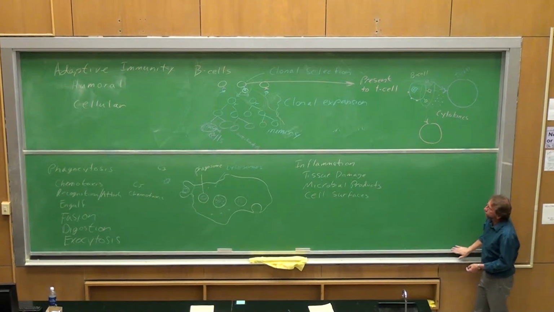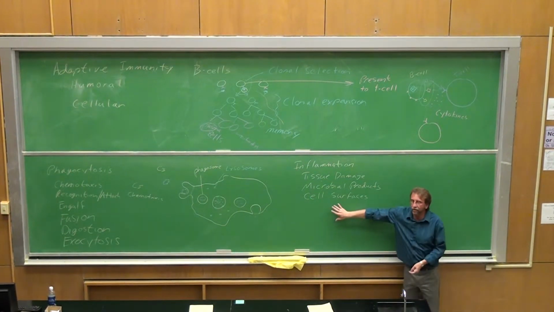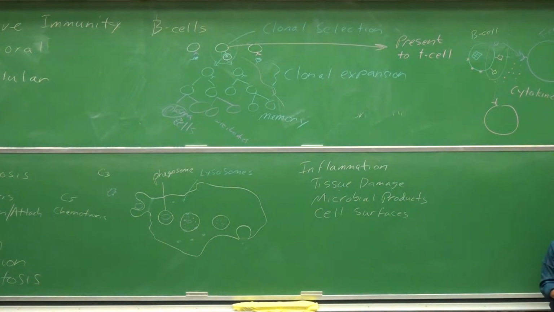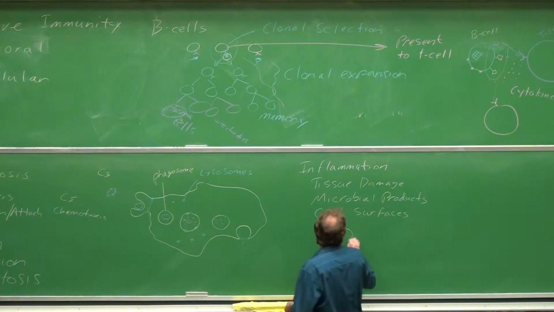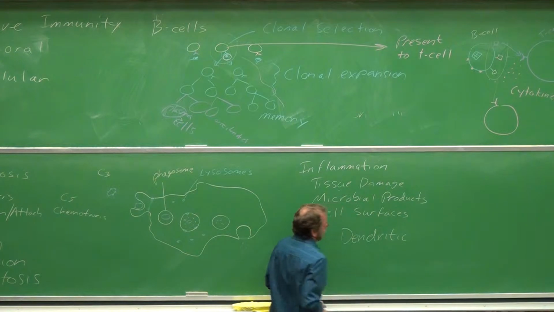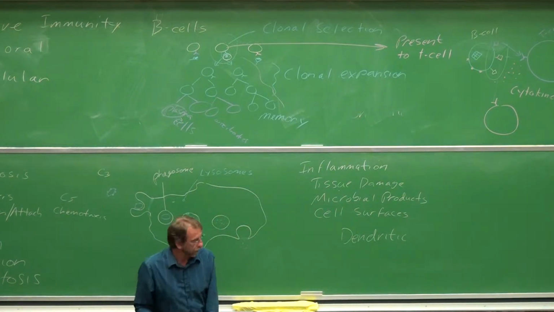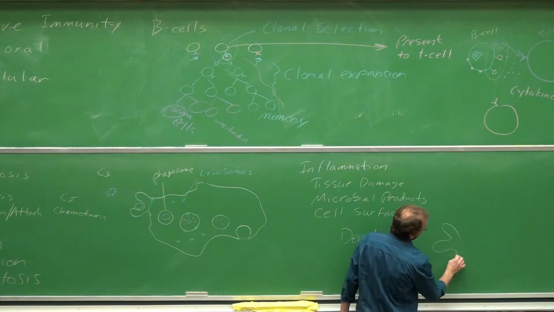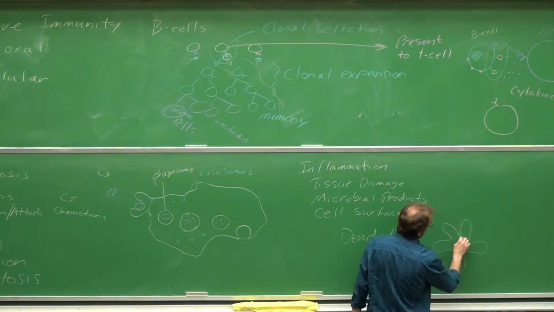Well, remember back here in our inflammatory response, in our inflammation, we had all those bacterial products that we were being exposed to. In and among those cells are dendritic cells. Now, dendritic cells are drawn with a fairly odd, kind of floral shape.